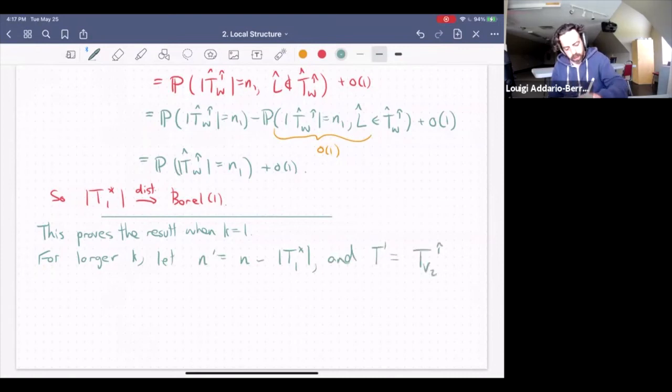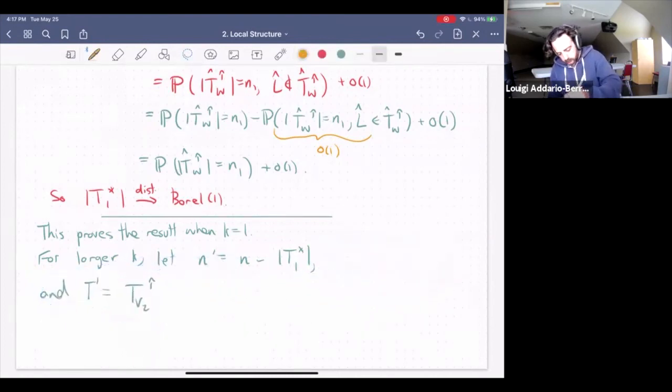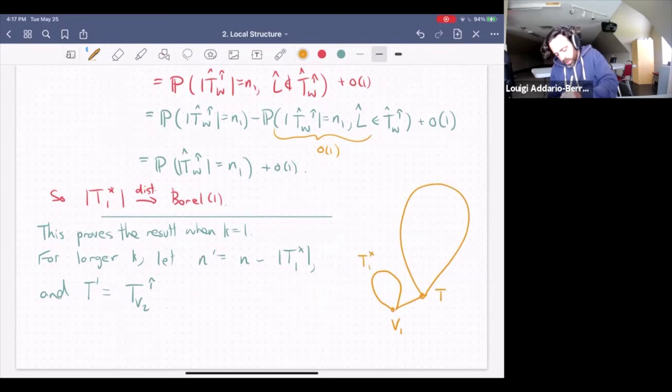Okay, right? So that's always a way I can decompose the tree T. So here's T1 star, and here's TV2 up arrow.